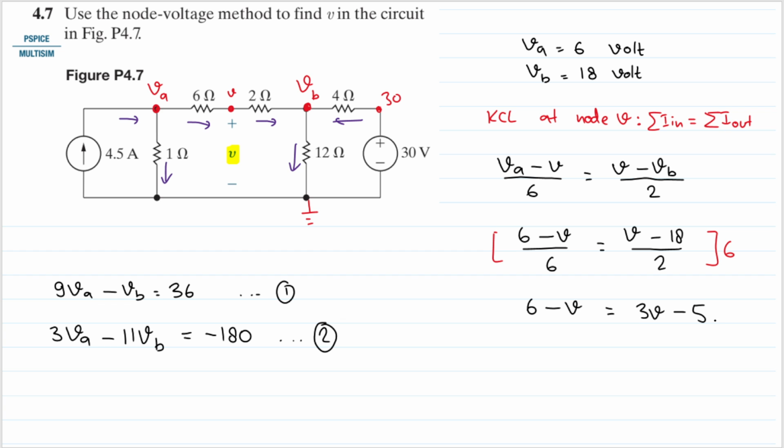We will have 60 on the left hand side, and then 4 V on the right hand side. So we will have V is equal to 60 divided by 4, and I will have 15 volt. And I think that is the answer for this problem, which is V is equal to 15 volt.